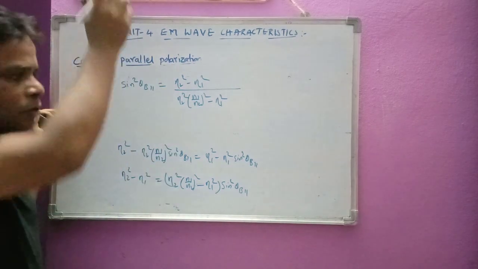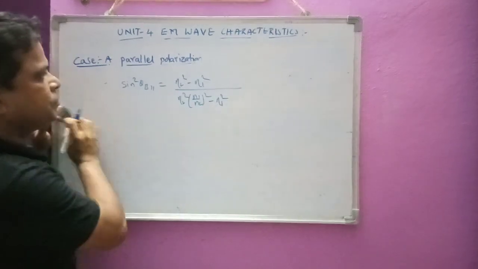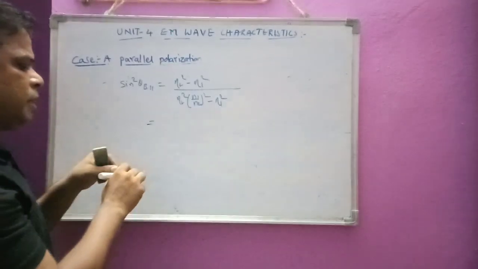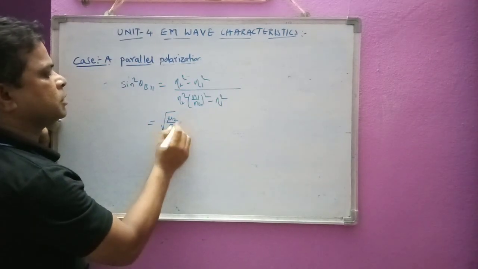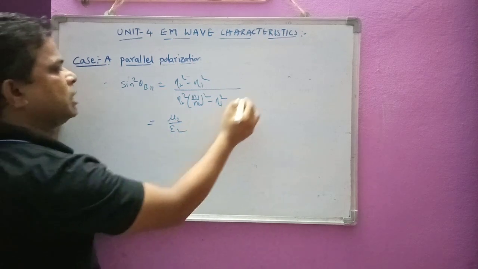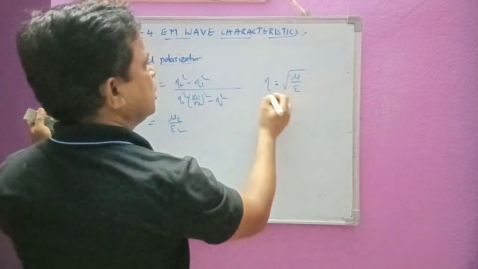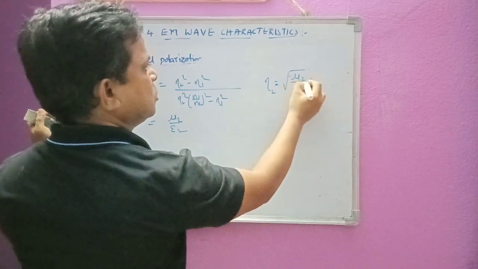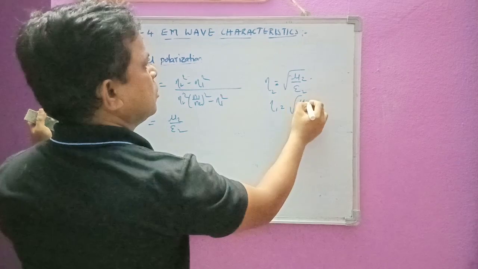Now we are going to substitute the eta 2 and eta 1 values. As we know, eta is equal to square root of mu by epsilon. If I get eta 2 here, I have to use mu 2 by epsilon 2, and if I get eta 1 here, I have to use mu 1 by epsilon 1.